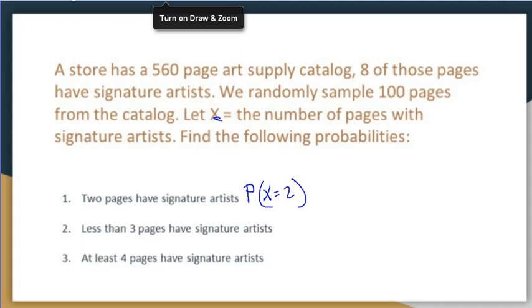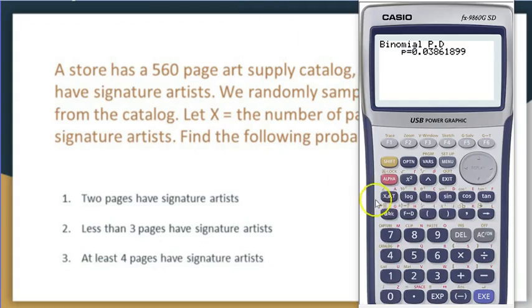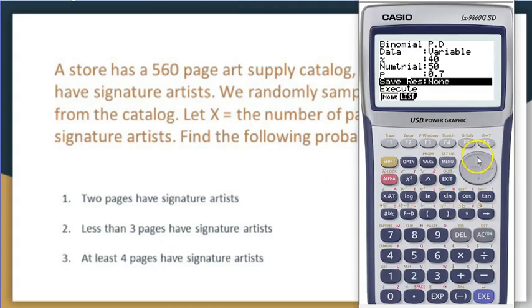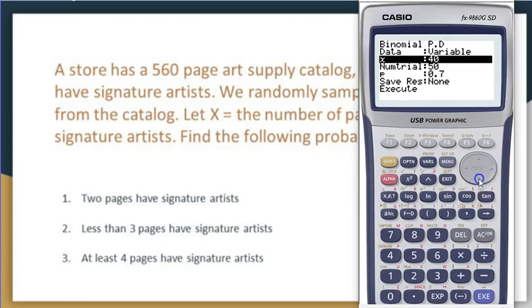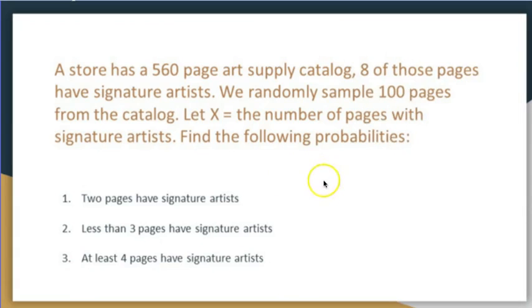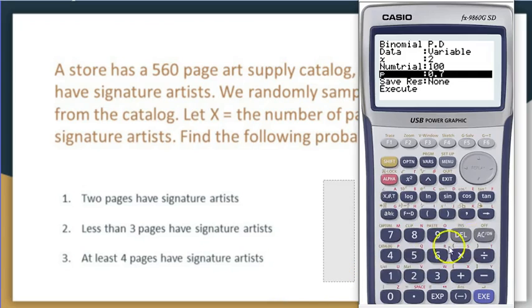So I'm going to grab my calculator. Okay, press exit so that I can go back. So I want BPD here, all right, because this is an exact probability. Okay, so X we said is going to be 2. I'm going to pick 2 pages. All right, I am sampling 100 pages from that catalog, and my probability of success, so this is what we have to figure out. There are 8 pages out of 560 that have signature artists.